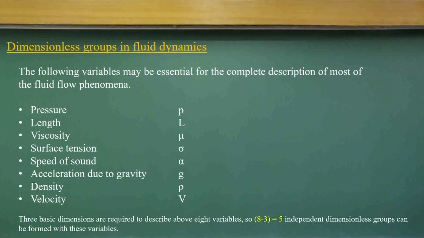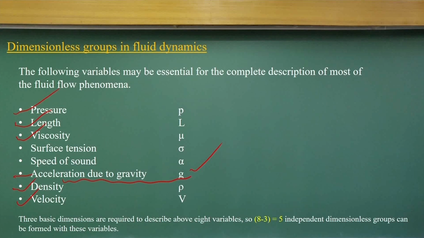That is the basic thing. Then there will be a gravity force, which is taken care of by the acceleration due to gravity. The length dimension will be there. Then density will represent the mass, and viscosity will define the flow resistance. Another very important one is the surface tension.